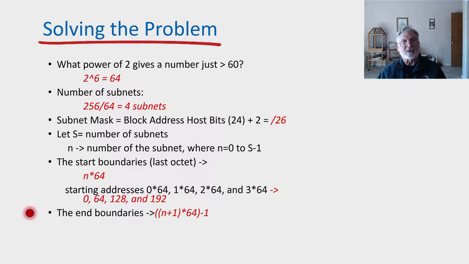The end boundaries are just (n plus 1) times 64 minus 1. Another way to look at it, the end addresses are just 1 less than the following start addresses.